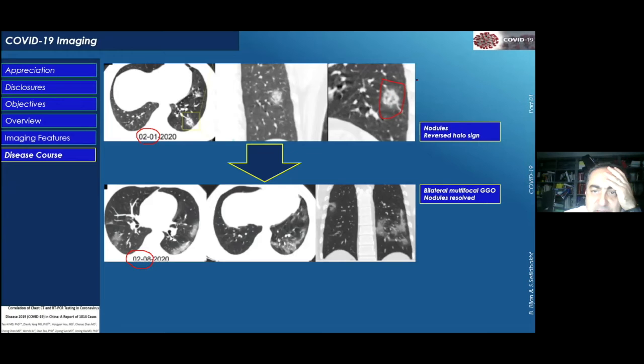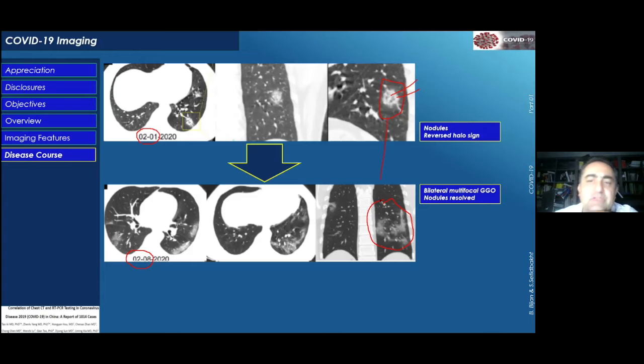The center is a ground glass opacity. The periphery is consolidation, and by time, in a matter of a week, see what happened with the COVID disease. The disease actually exploded a lot, right? And that's what happened with the COVID disease.